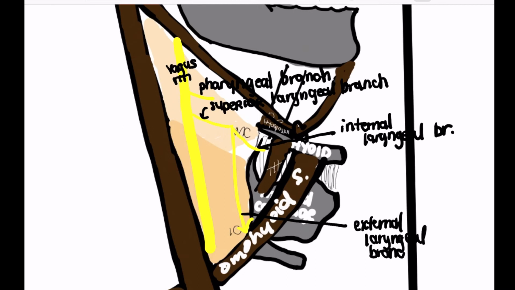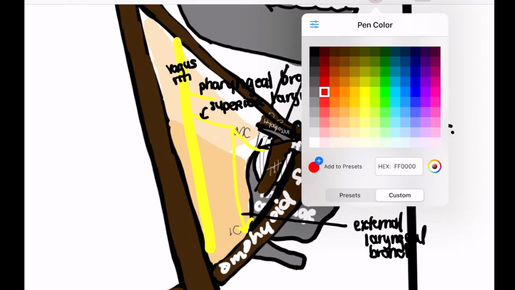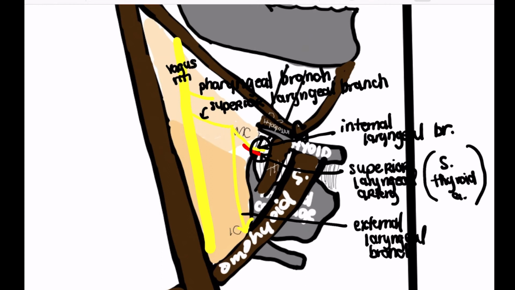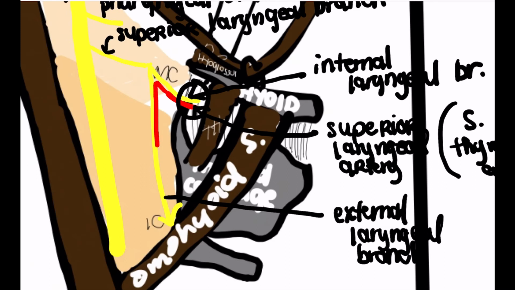More specifically, the internal laryngeal branch is in close relation to this. This is the superior laryngeal artery, a branch of the superior thyroid artery. They together pierce the thyroid membrane. And another branch, the external laryngeal branch, is in close relation to the superior thyroid artery.